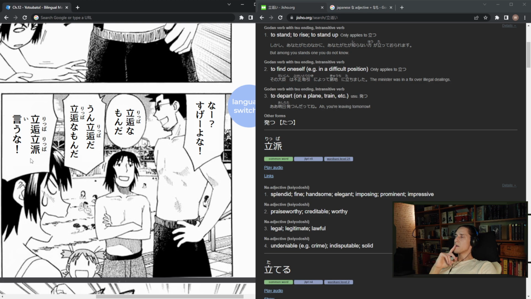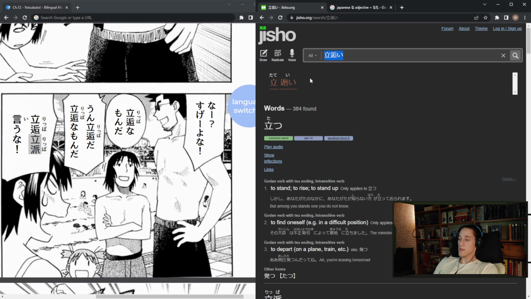Ew is to utter or to say. So what is this? Ripa. Why is there a different kanji? Like it can be a different word.